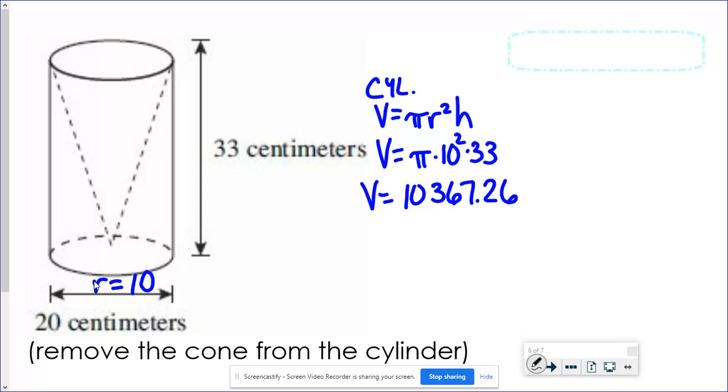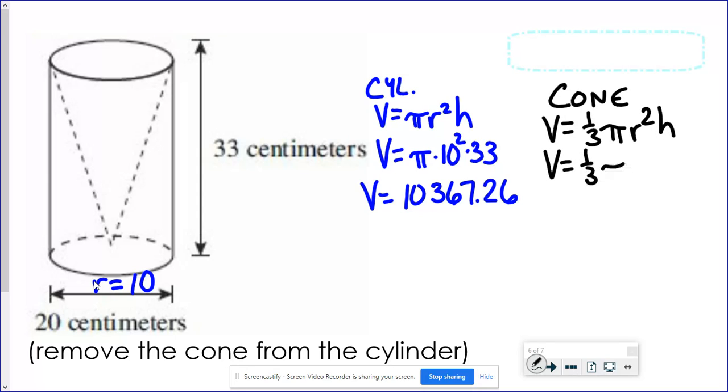For the cone, volume equals 1/3 pi r squared h. Now, almost the same formula, remember. When I substitute my numbers in here, the radius is 10, the height is 33. The only difference here is the 1/3.